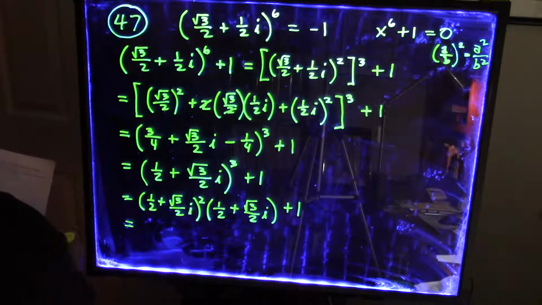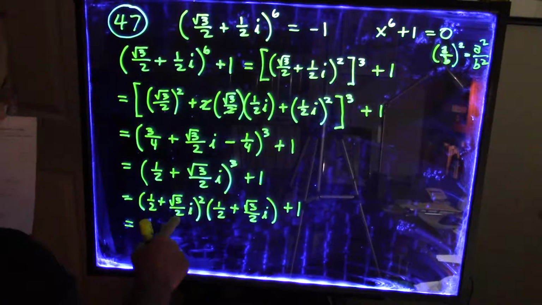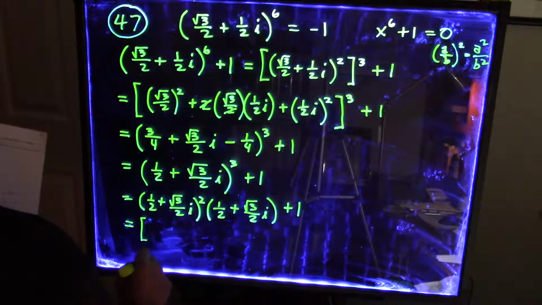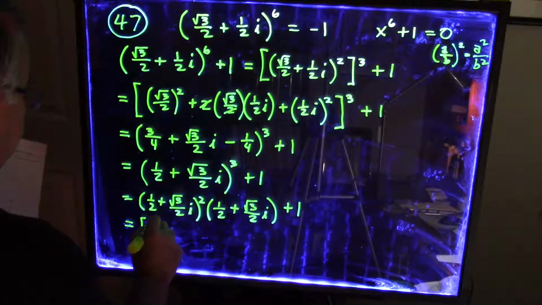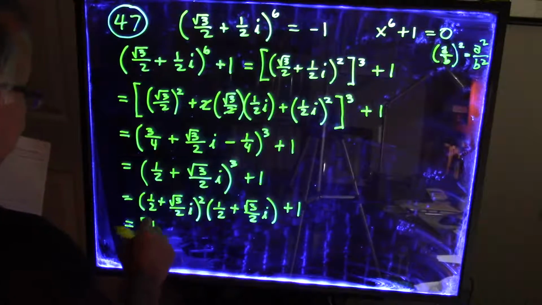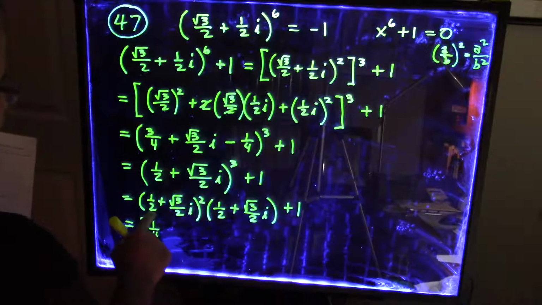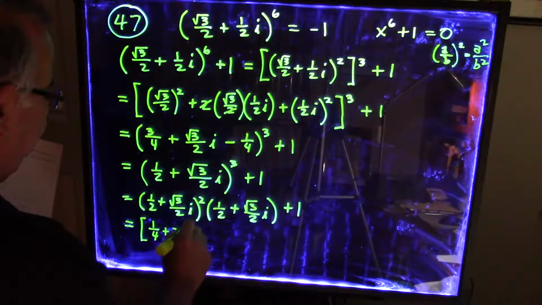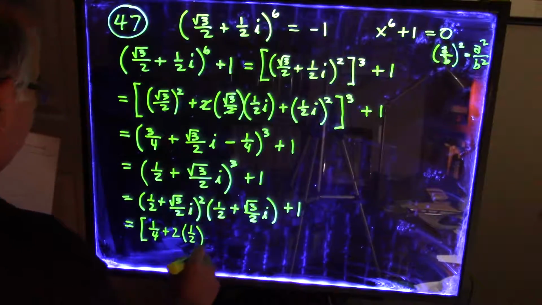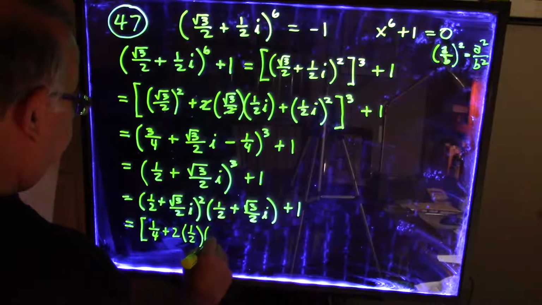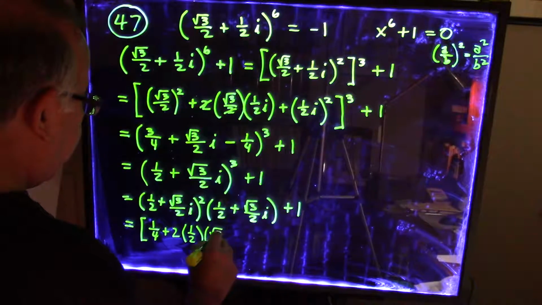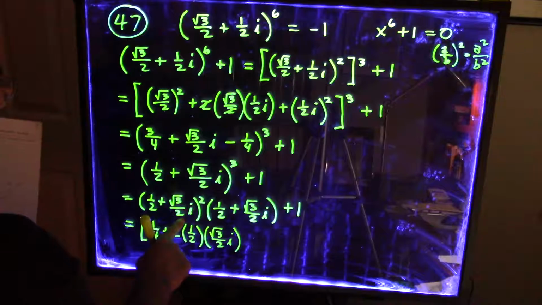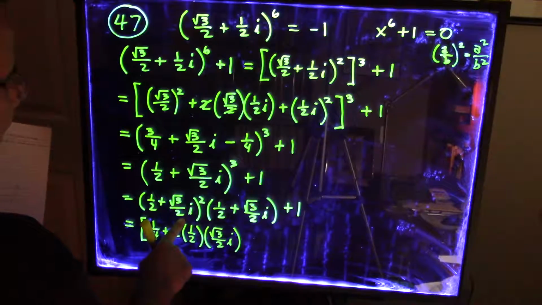And what is this? When you square this, you've got a plus b squared is a squared. So that's 1/4. That's 1/2 squared is 1/4. Plus 2ab. So there's 2, a is 1/2, b is square root of 3 over 2i. And then plus b squared, that would be plus square root of 3 over 2i squared.